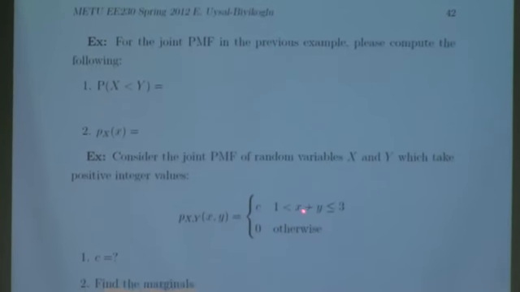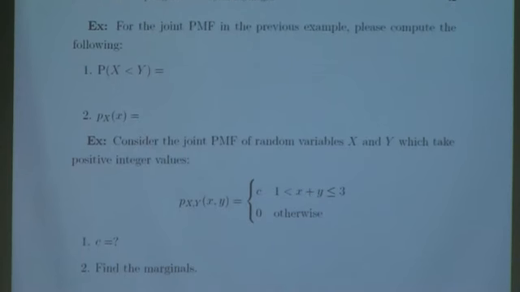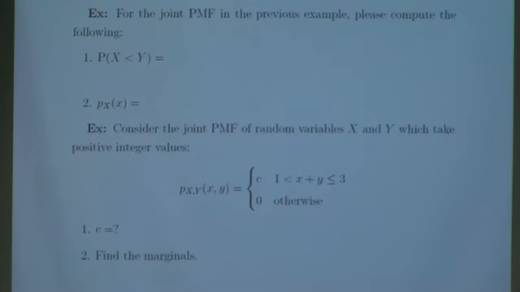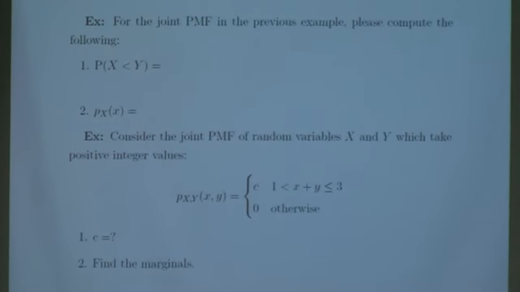X and y were jointly distributed in a triangular area. In fact, they took 3 possible values, I believe, right? And they took those points equally probably. So we determined C to be 1 over 3 so that the PMF would sum to 1.